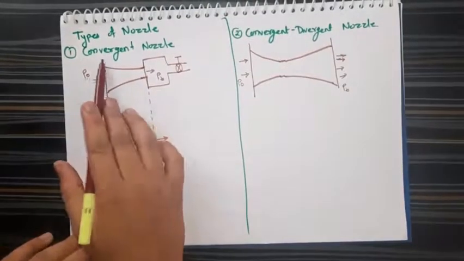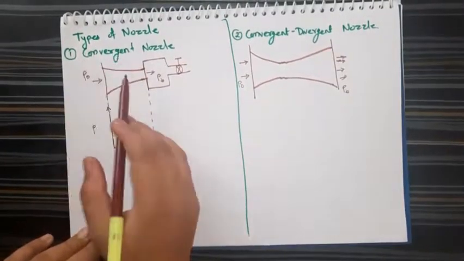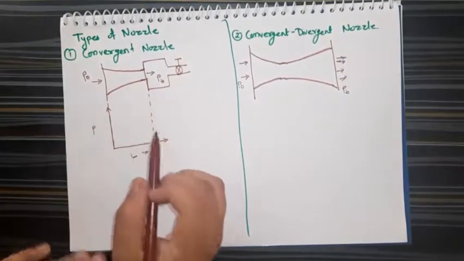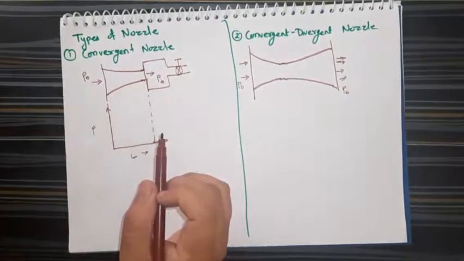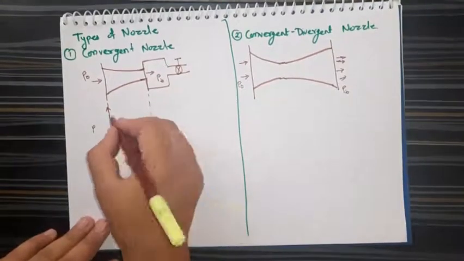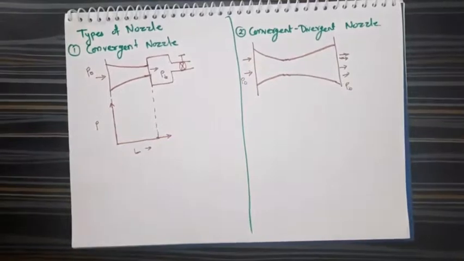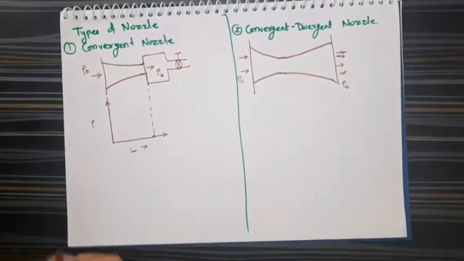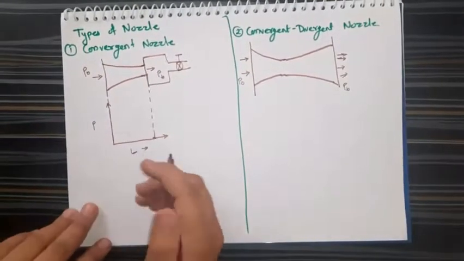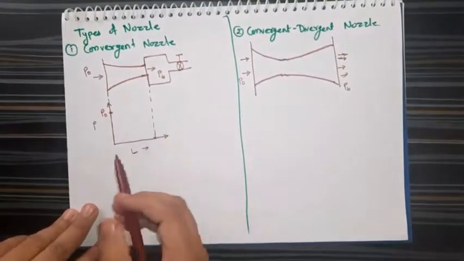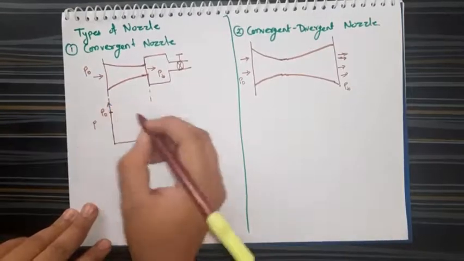Now it is observed that in a convergent nozzle, when the fluid is passing through this gradually decreasing area, the velocity will start increasing. So let's say here is the P0 condition.